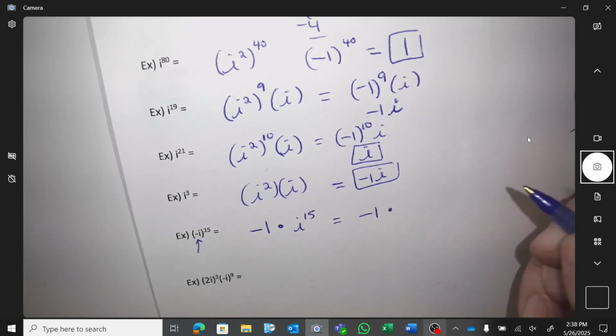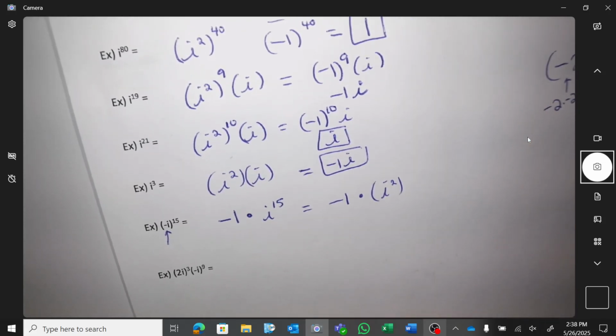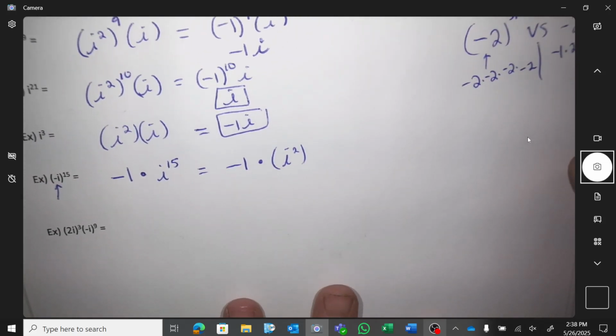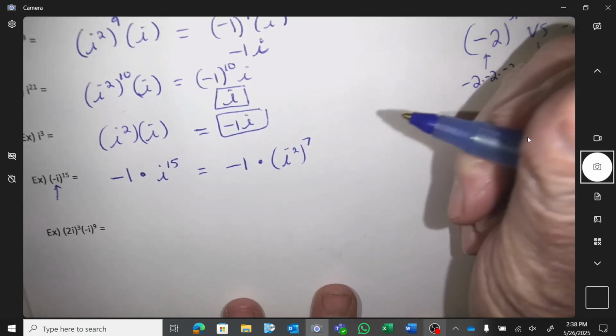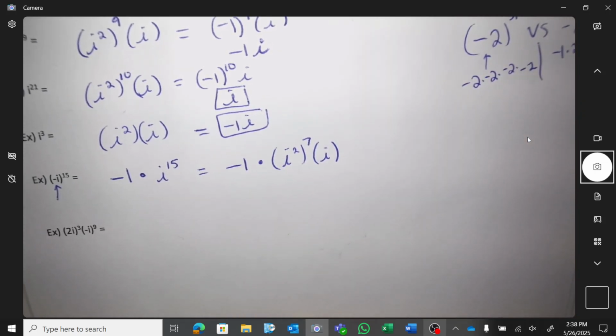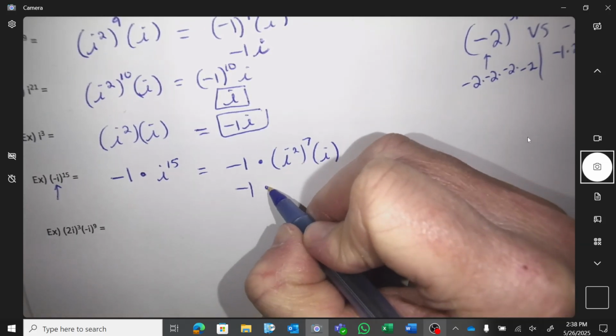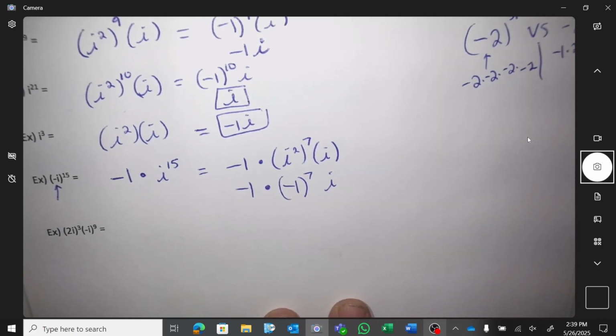Let's do some work with i^15. i squareds. I can't get to 15, so I'm going to work to 14. So that's a 7. So 14, 15. i squared, that's -1.